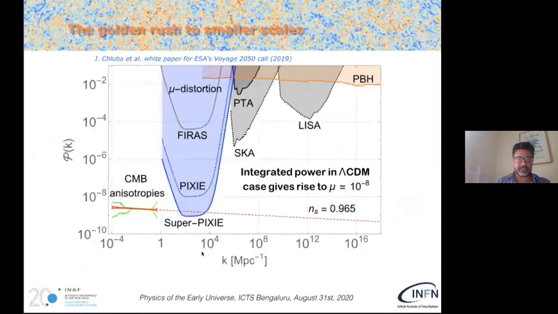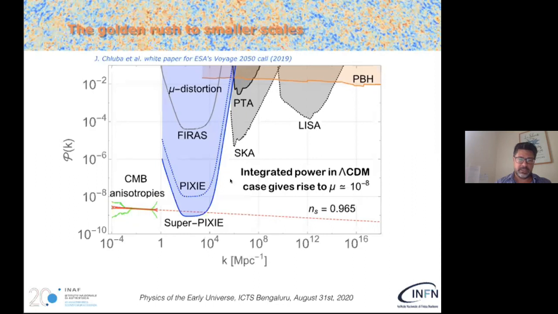So let me just show another couple of slides, concluding that we have concentrated on CMB and large scale structure constraints on the primordial power spectrum, which cover 4 decades in wavelength, while other smaller scales are really inaccessible or poorly constrained from other probes.